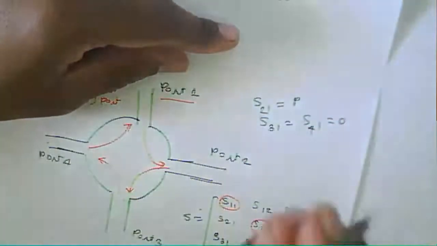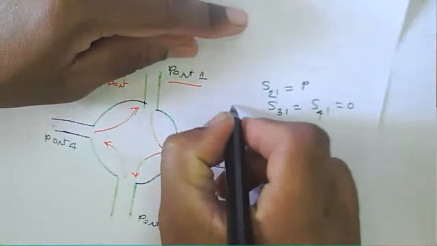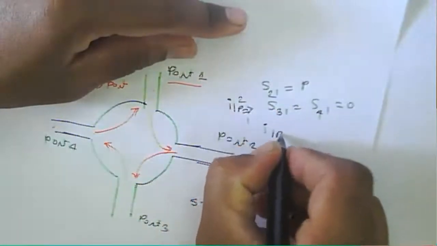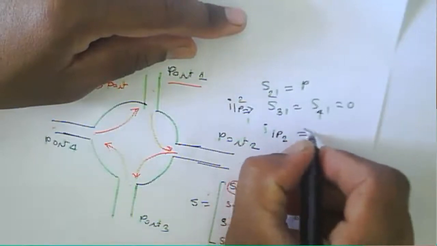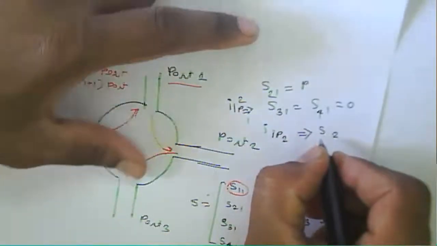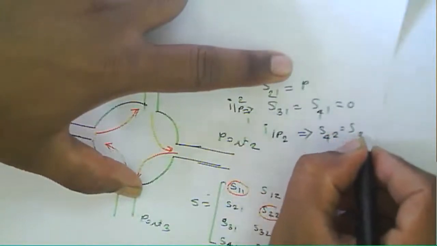That's why it becomes 0. If I provide input to port 2, no output at port 1, output is available at port 3, but no output at port 4.